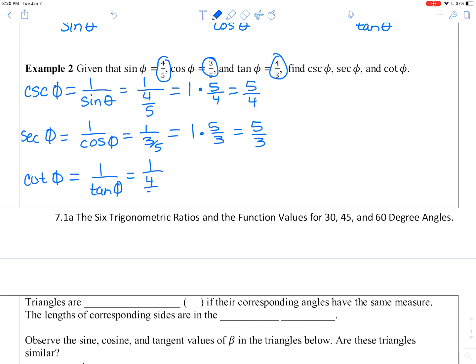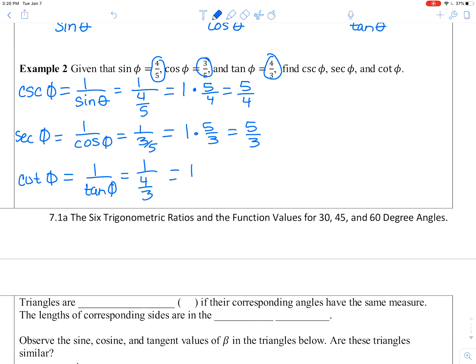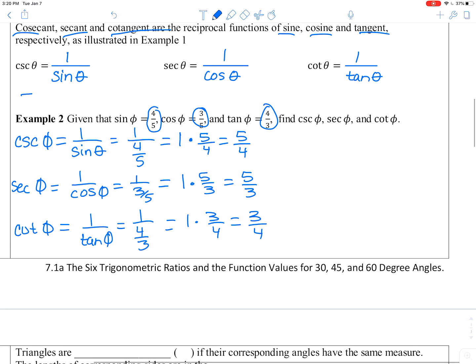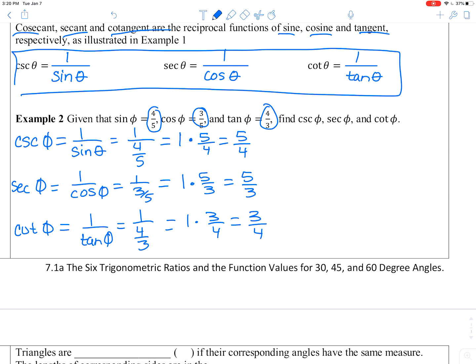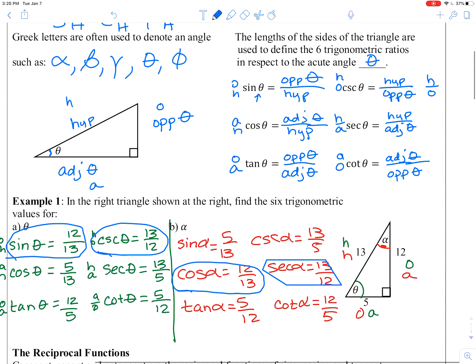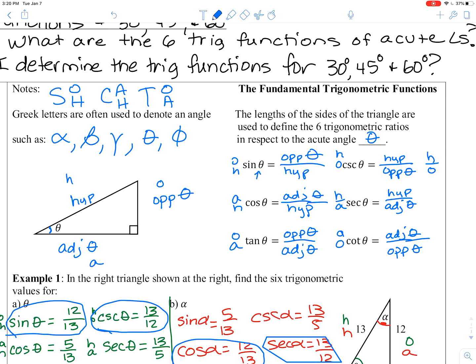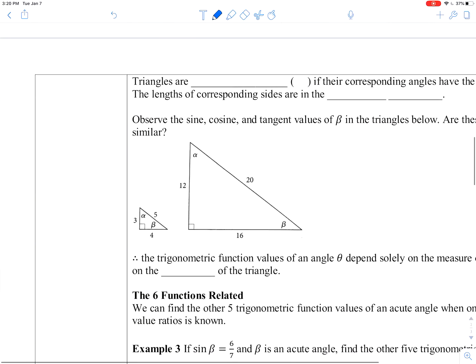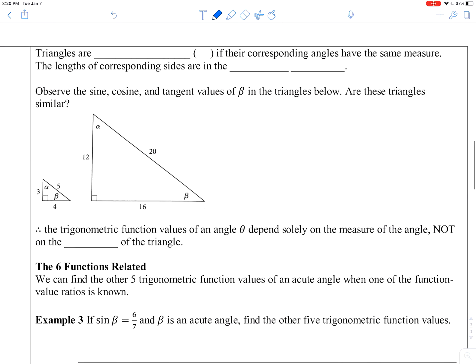So 1 over 4/3, which is equal to 1 times 3/4, and so we get the answer 3/4. And you can see as I go through these identities, what we call them here, that this is actually true, that the cosecant of theta is either 1 over the sine of theta, or up here we saw it as the hypotenuse over the opposite. They ended up being the same values. Okay, on to the back.